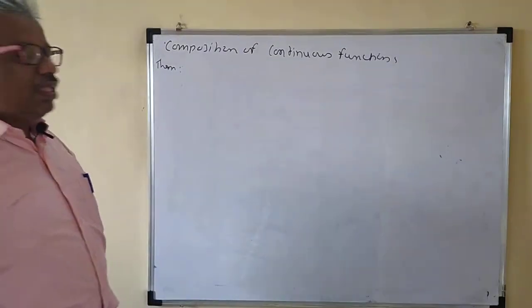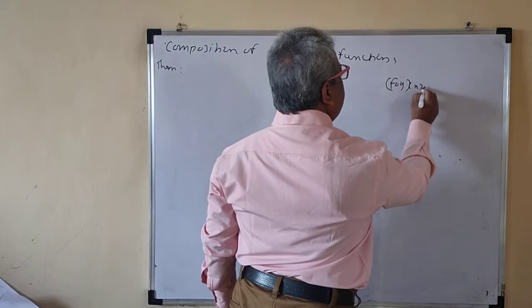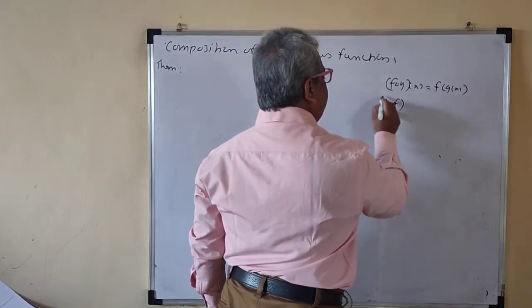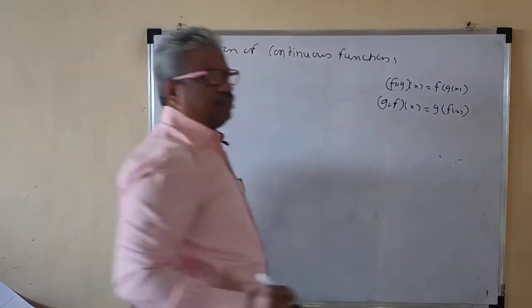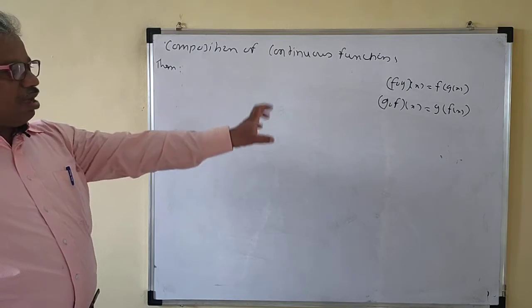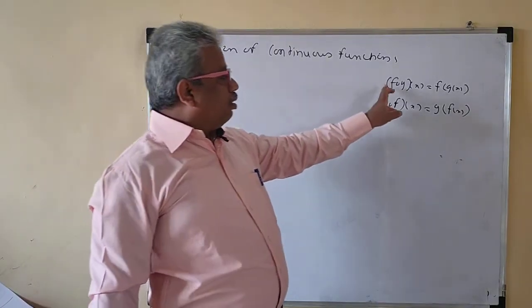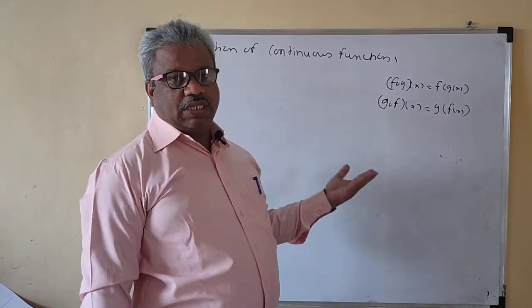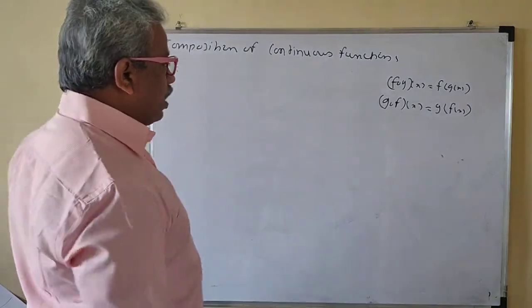You are familiar with the composition function: f compose g of x is equal to f of g of x, and g compose f of x is nothing but g of f of x. What happens if f and g both are continuous functions, whether the composition is continuous or not, that we want to see.